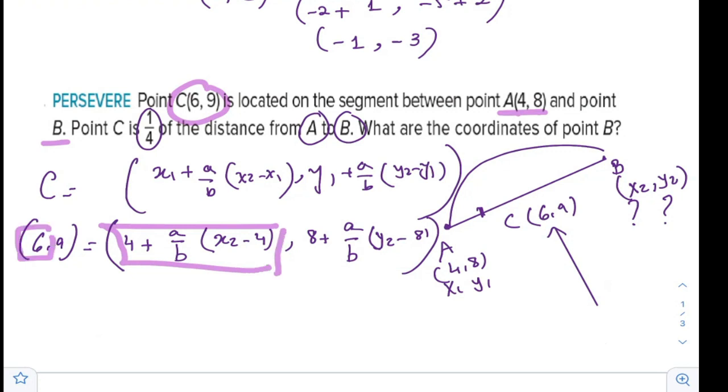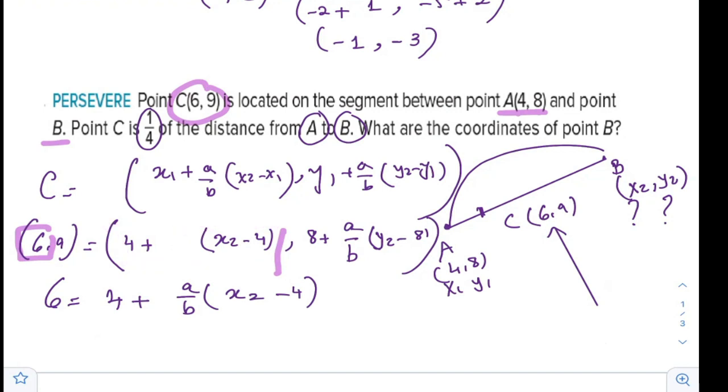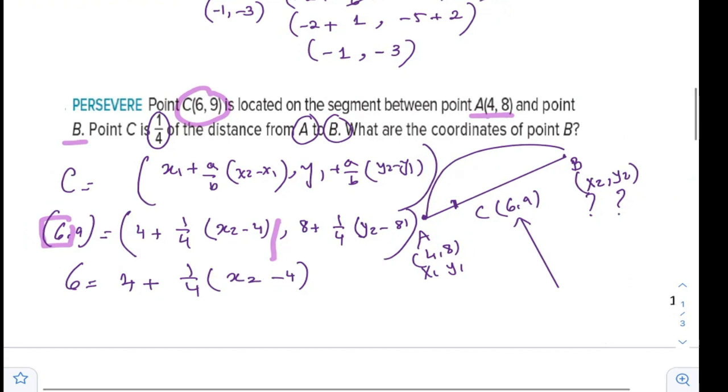So 6 is equal to 4 plus A over B times (x2 minus 4). No, sorry, A over B is known. Here in this question, A over B is known. In other questions we might have a problem. Here we have 1 over 4, and here we also have 1 over 4. So this is not unknown. It is known, given 1 over 4. I'm replacing it. I'm sorry, I mixed it up with another question.